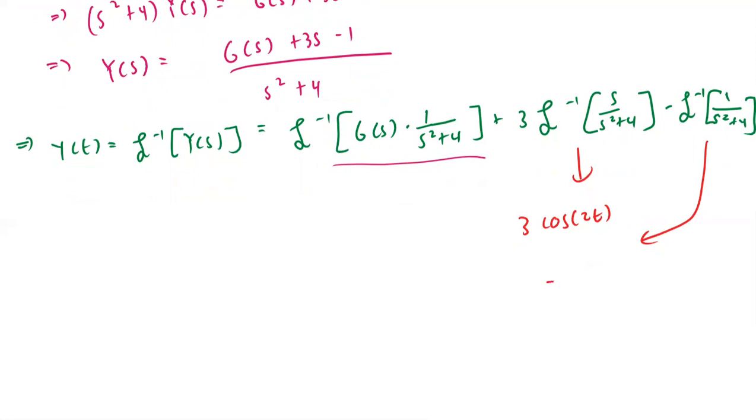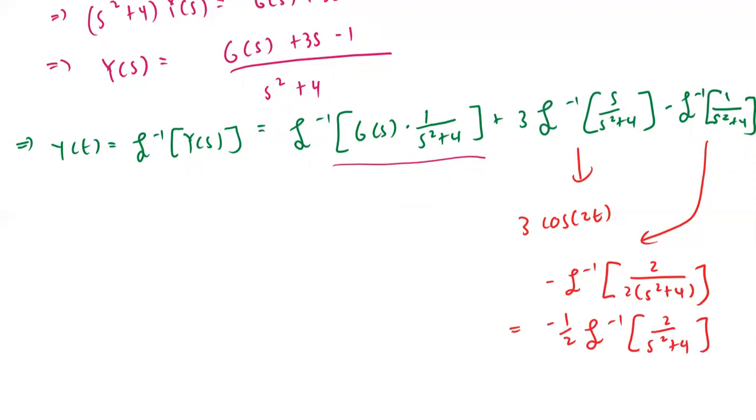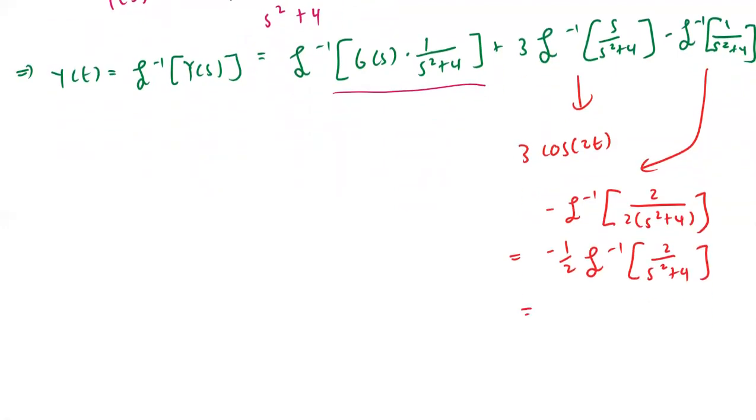So let's write it as the negative inverse of 2 over 2 times s squared plus 4. Let's move the 1/2 outside, so we get negative 1/2 times the Laplace inverse of 2 over s squared plus 4. And this is precisely sine of 2t.